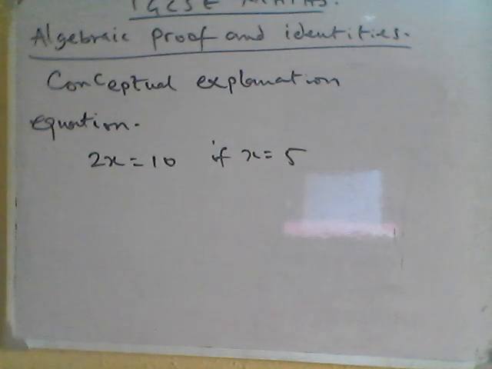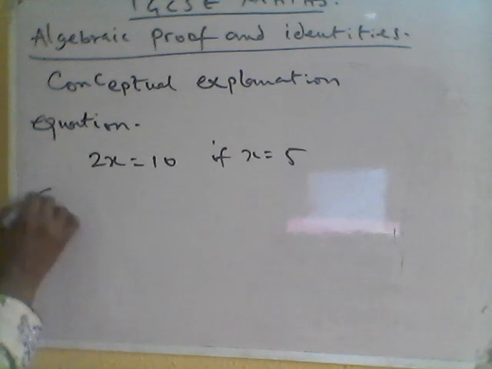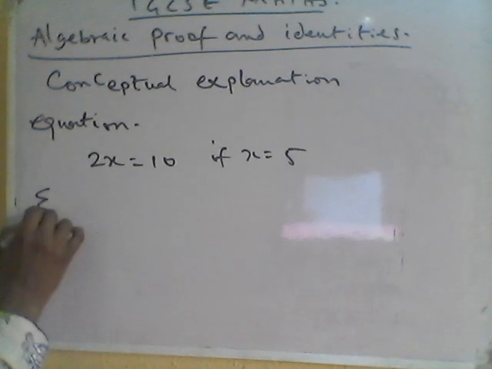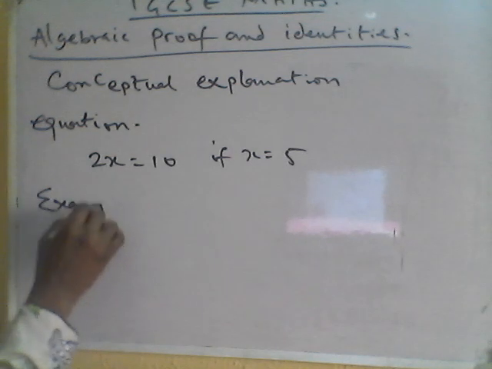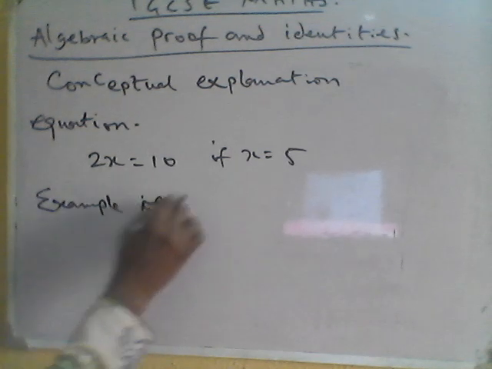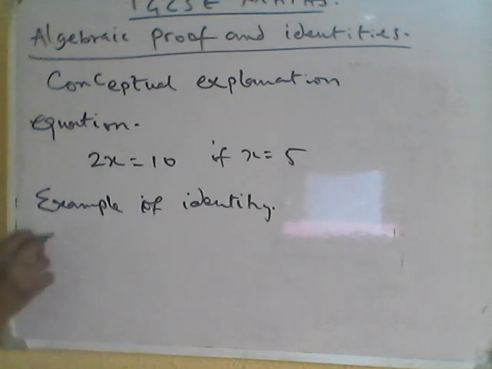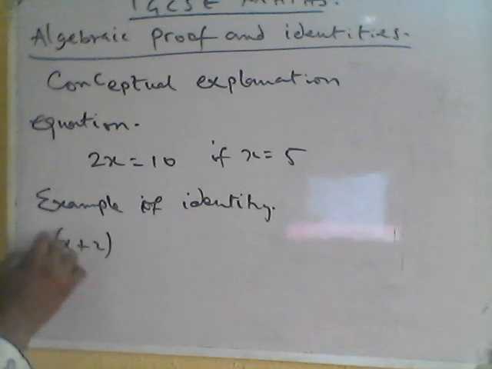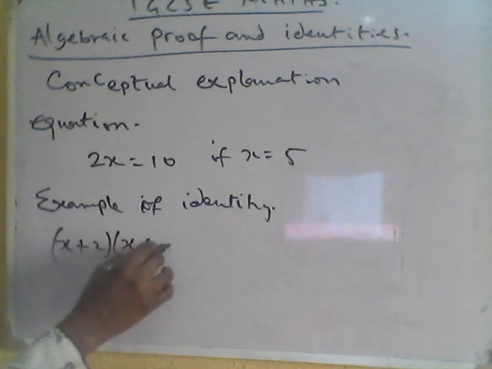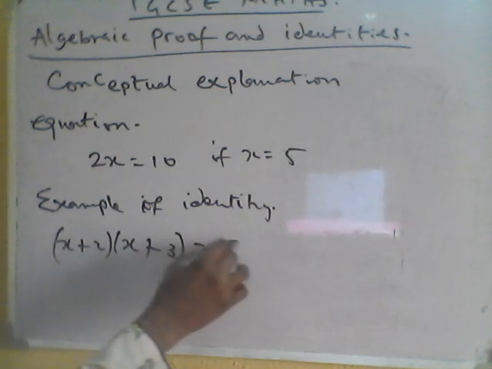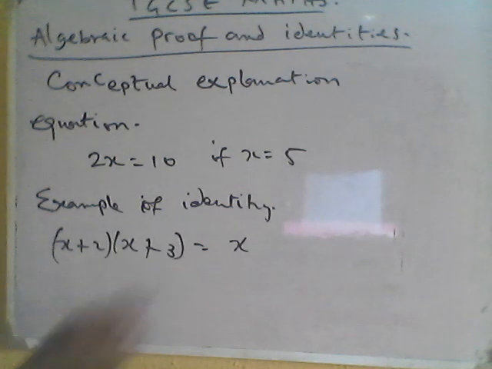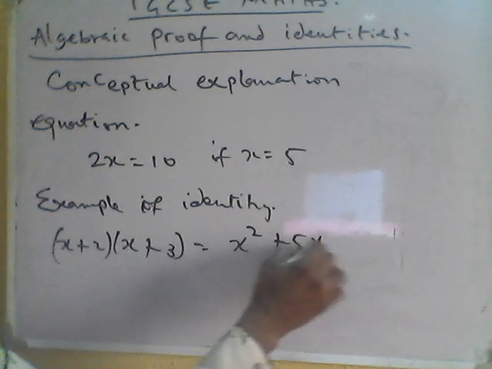But an identity is true for all values of the variable. Example of identity: if I have this expression, (x plus 2)(x plus 3), the identity is x squared plus 5x plus 6.